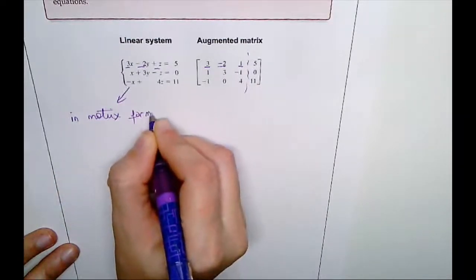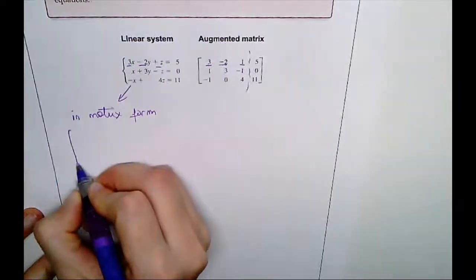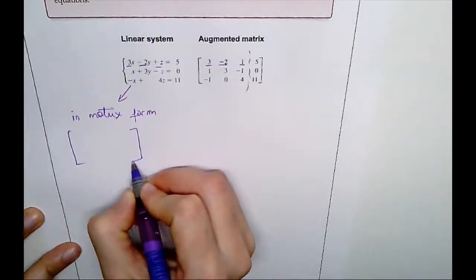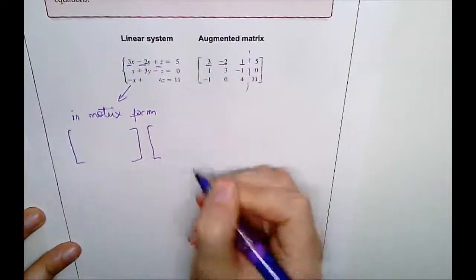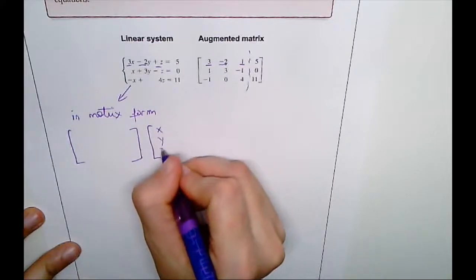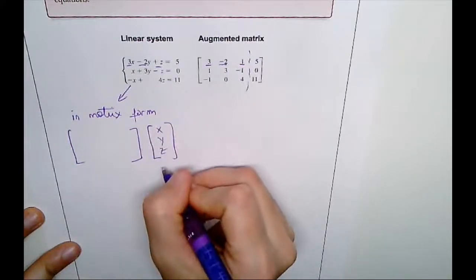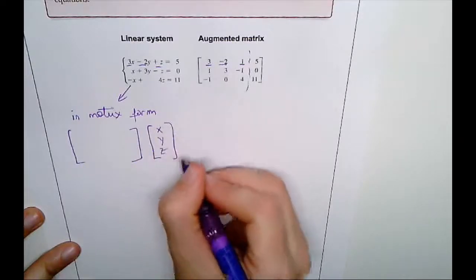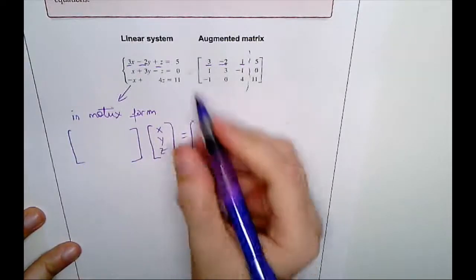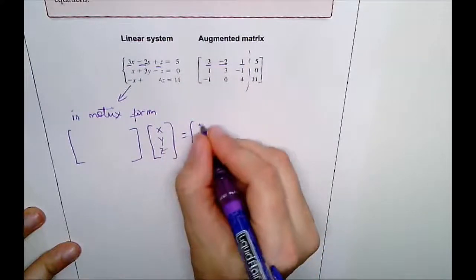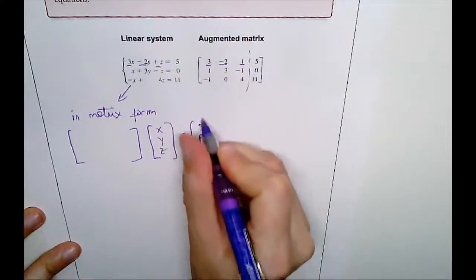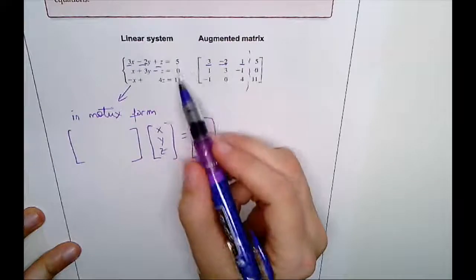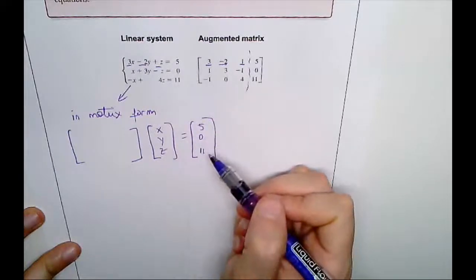So another notation, it could be that I'm going to put just the matrix of the coefficients times the matrix of your variables. So x, y, and z are my variables. So I can arrange them in a matrix with 3 rows and 1 column. And then the free term, the constant term right here, 5, 0, 11, can also be organized in a matrix with 3 rows and 1 column.